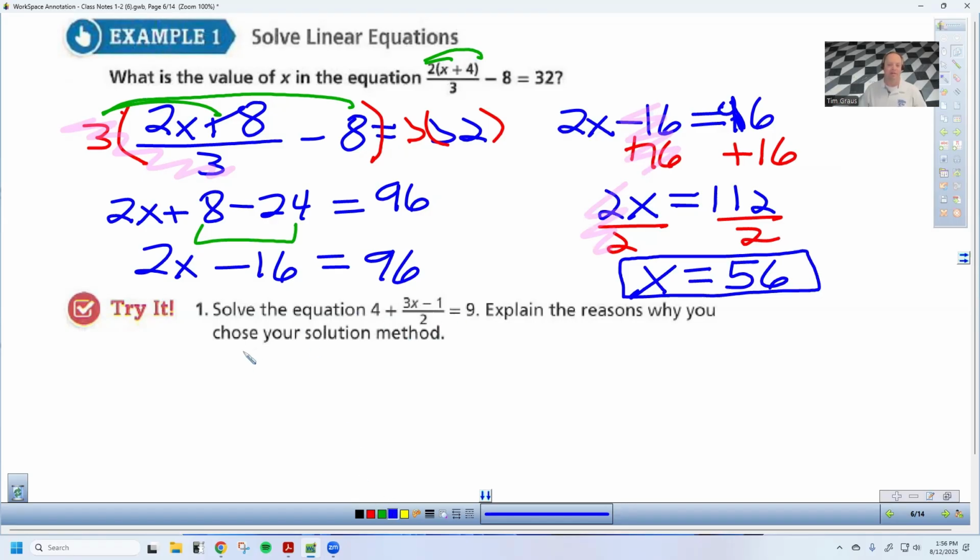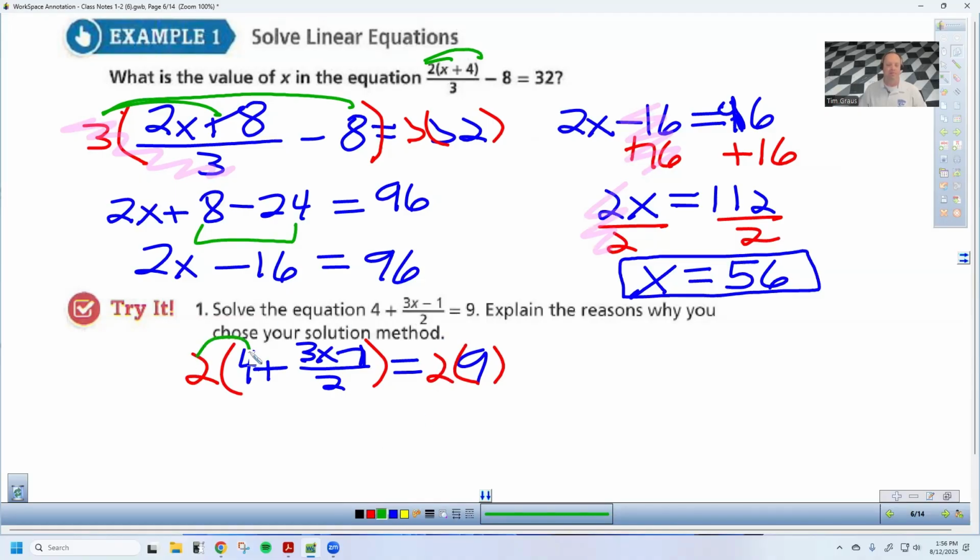So I'm going to write 4 plus (3x minus 1)/2, and I'm going to put that in parentheses, and I'm going to distribute a 2, hoping to cancel that denominator out. So we're distributing a 2 on the left side. Of course, whatever I do on the left side, I'm going to have to do the same on the right side. So I'm going to take that 9, and I'm going to also multiply it times 2.